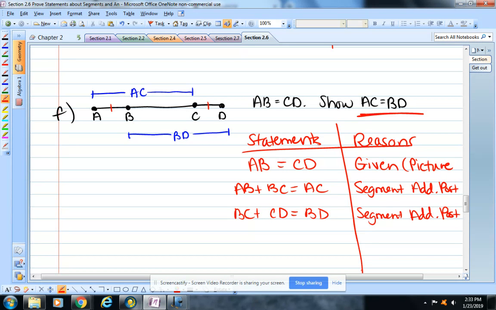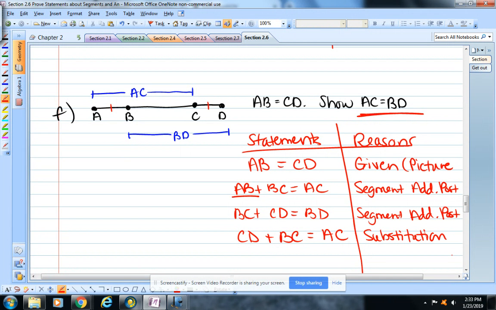Can I change this AB into a CD? So I'm going to copy that same row, except where they have AB, I underline it. I'm changing it to CD. And that was substitution, right?